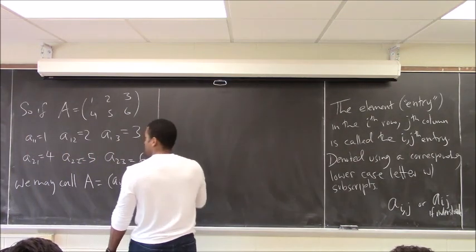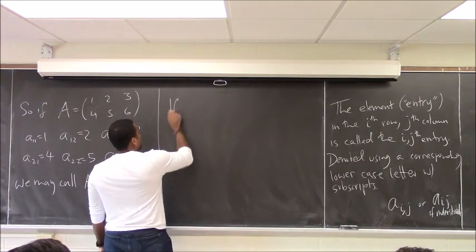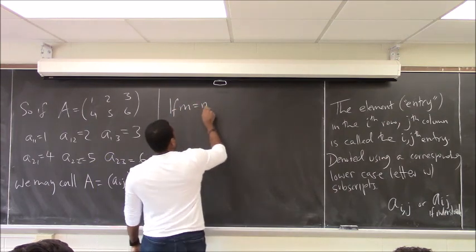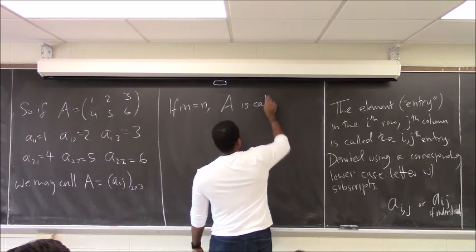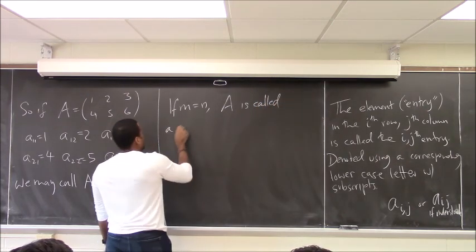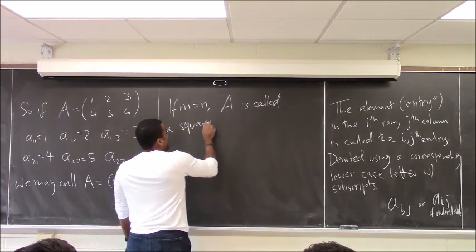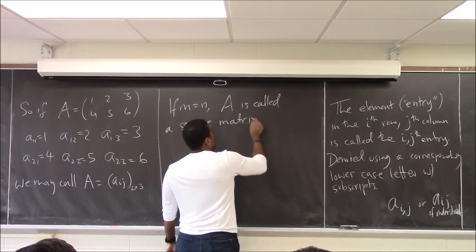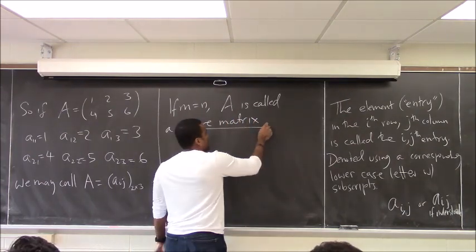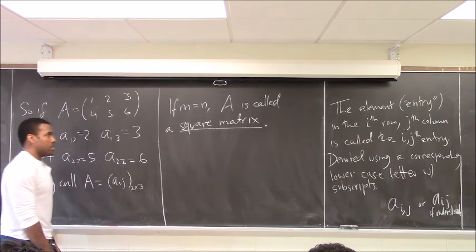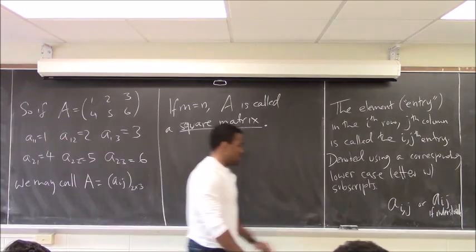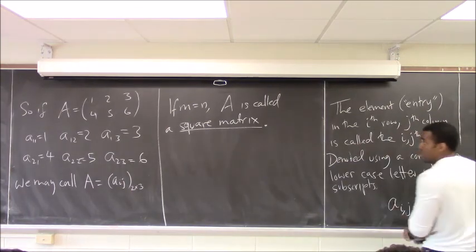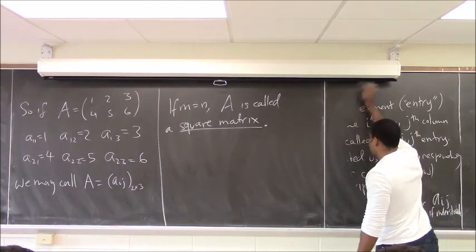Okay, cool. So, if m equals n, A is called a square matrix. These guys are going to be important because there are certain things that can only be done with square matrices.